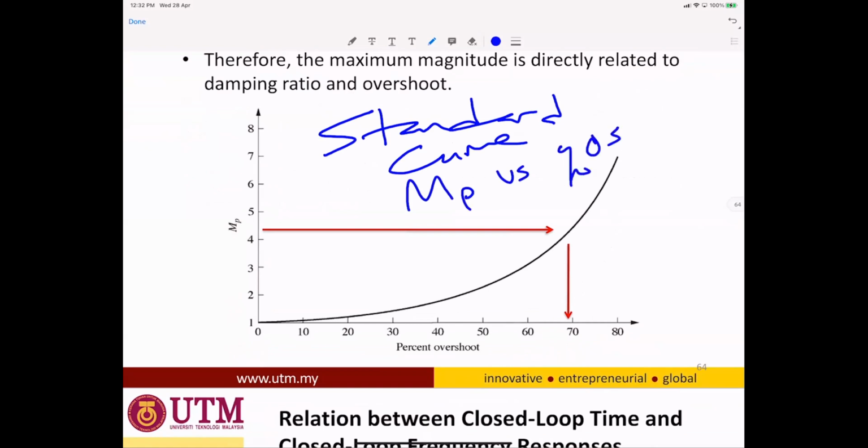Okay, so this curve is standard, will be attached to the test and exam if needed. So for example, this one is MP is about 4.4, which will give you the overshoot percentage of about 68%.